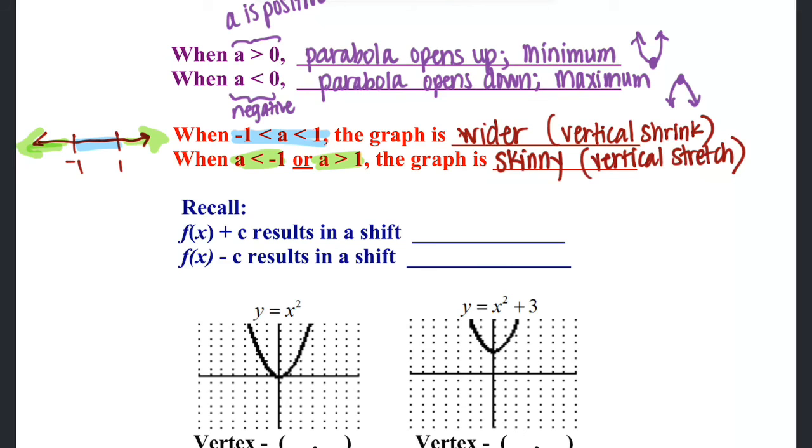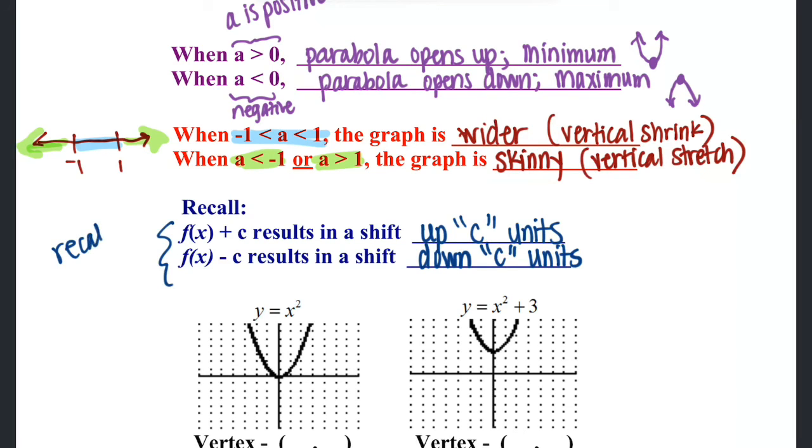And then recall, when I add a constant outside of the function, that's a shift up C units. And there's a little graph for you there. And when we subtract C outside of the function, it's a shift down C units.